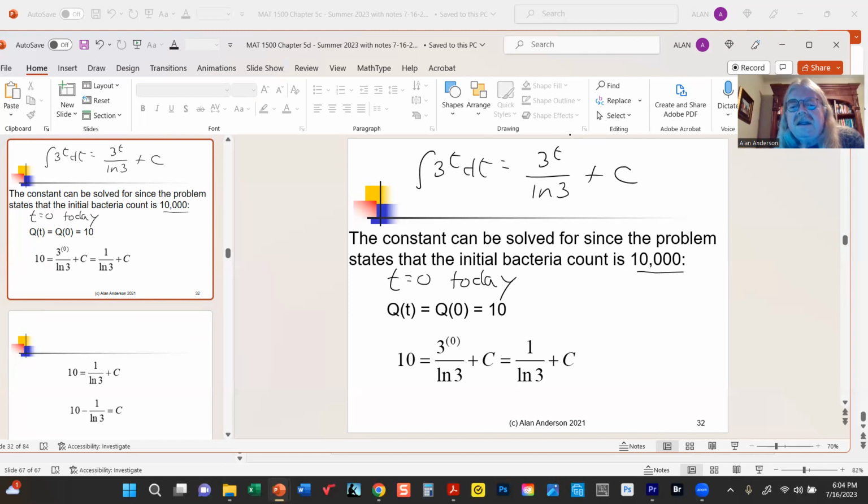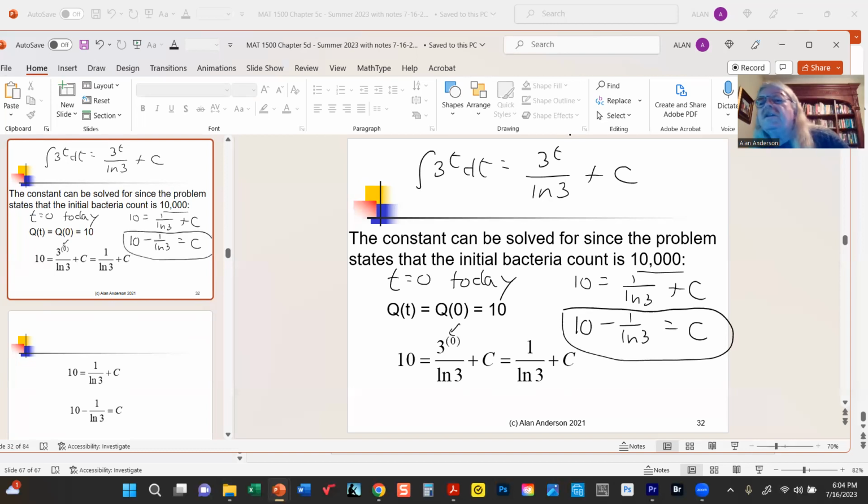So we're going to set 10 equal to 3 to the t over log 3 plus c, where t has been replaced by 0. And then you can see algebraically, that means that 10 equals 1 over log 3 plus c, which is the same thing as saying 10 minus 1 over log 3 equals c.